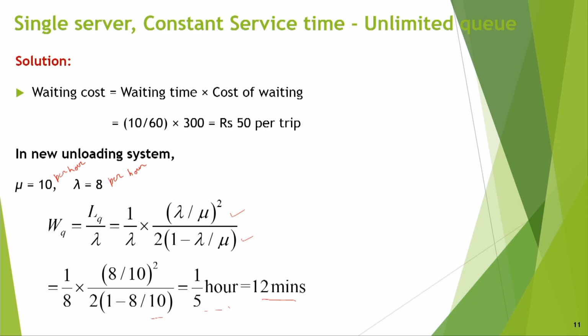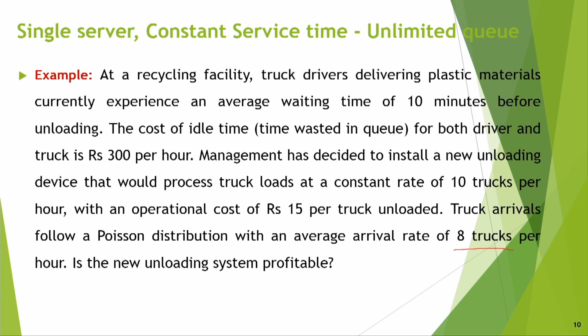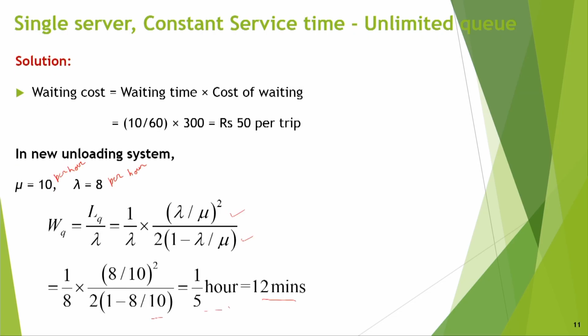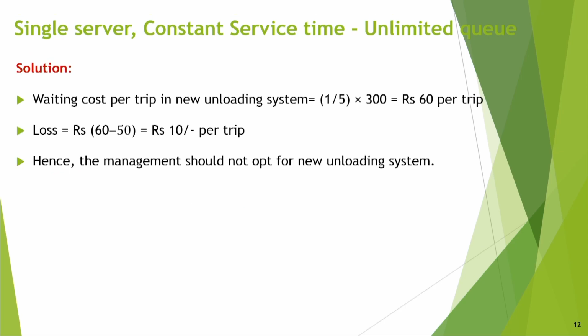Now, what happens is that the waiting cost per trip in that case will be, since 12 minutes means 1 by 5 hour, 1 by 5 into 300, that means rupees 60 per trip.